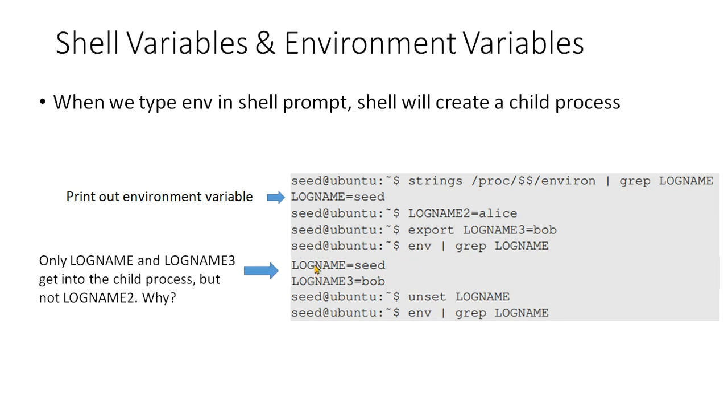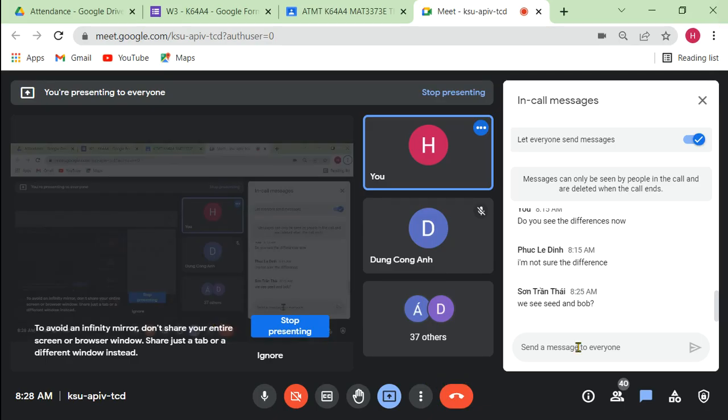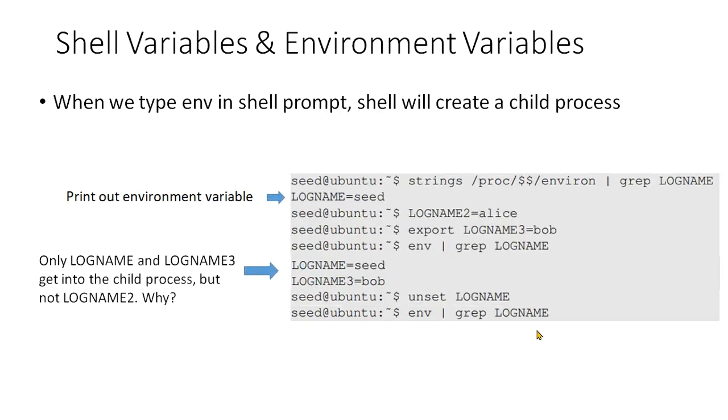For the child process, we have these 2 inherited from the parents, right? And now we unset log name Sid and we run the child process again. So which one is still there? Which one still appears here? What do we see now? Only Bob, correct.